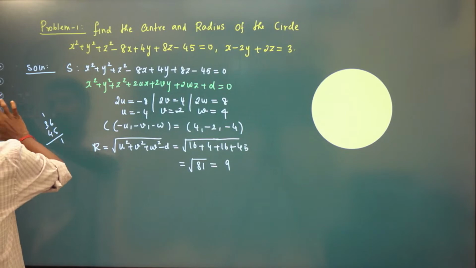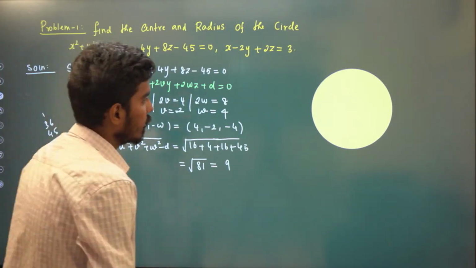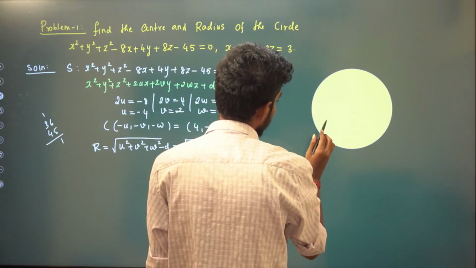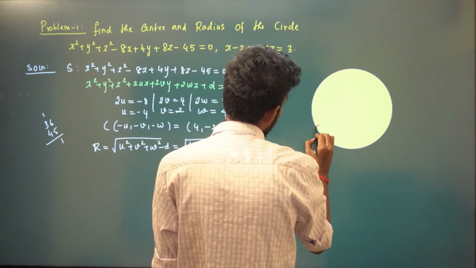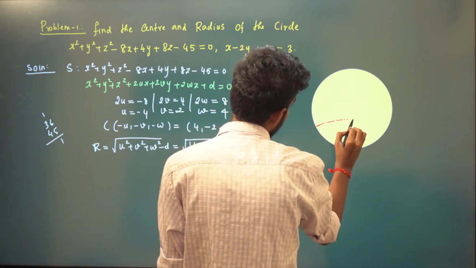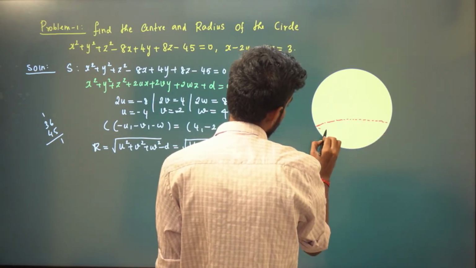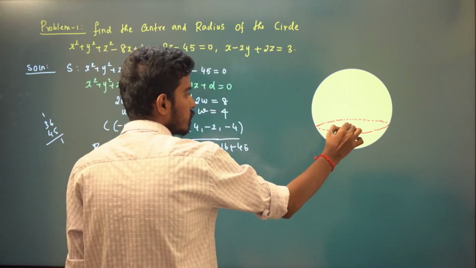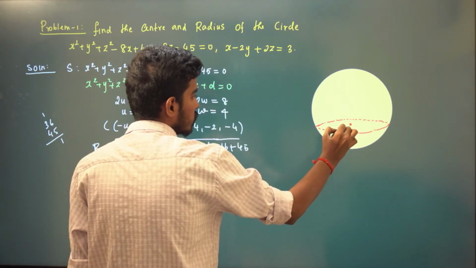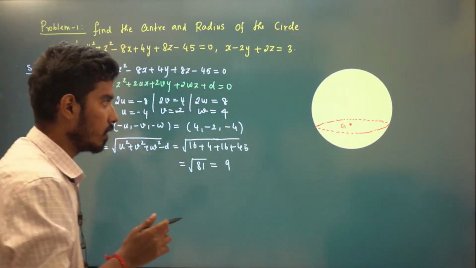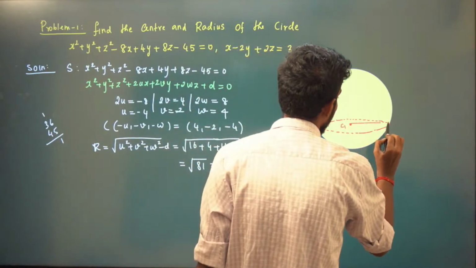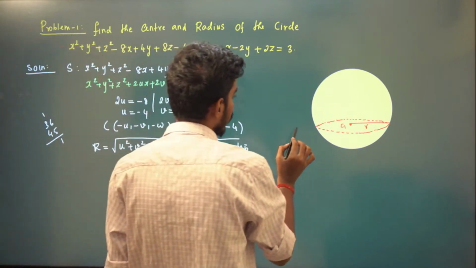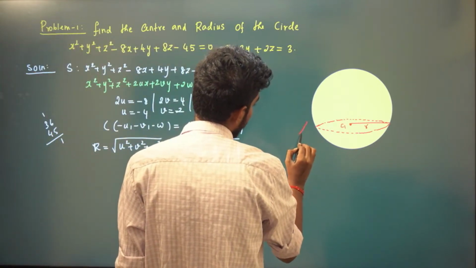As of now, we know the center and radius of the sphere. See, we have a circle. We should find the center of this circle, which is C1, and also we should find the radius, which is small r. How did we get this? We have got this by a plane section.